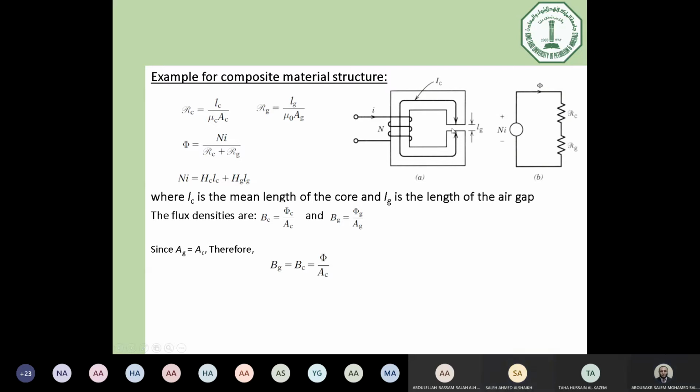And I am not talking about the air, the core itself. You said that in the core itself it is impossible to have leakage flux. Because we agreed from the last class that flux lines prefer to move in cores instead of air because of the large reluctance of the air gap.